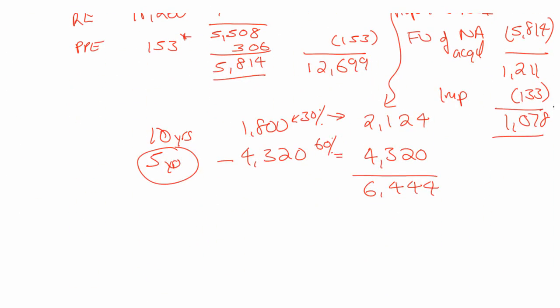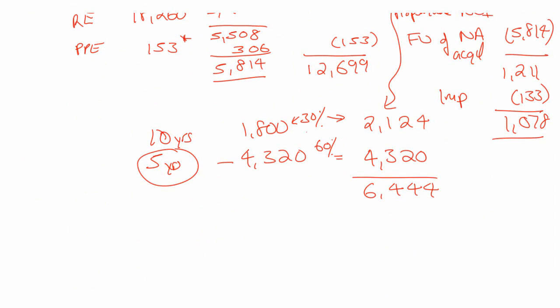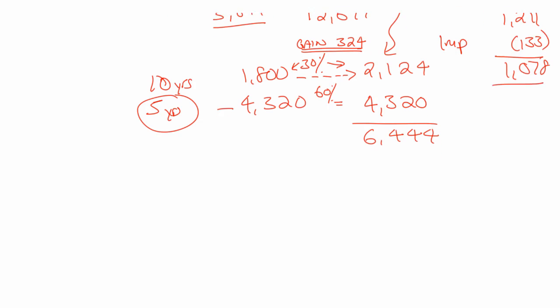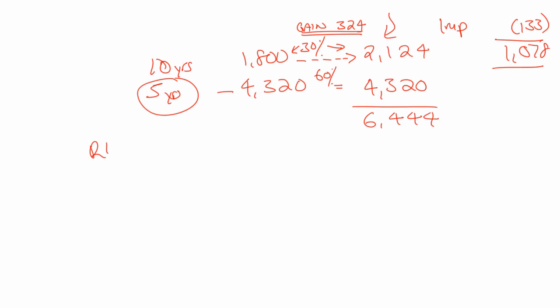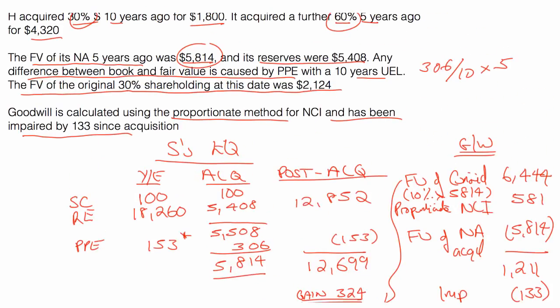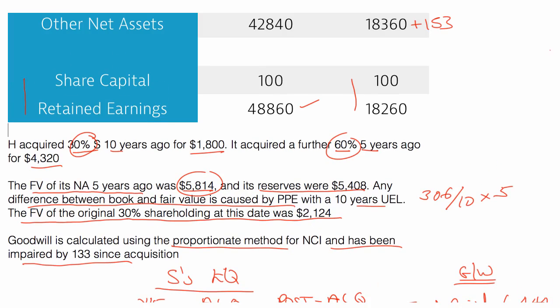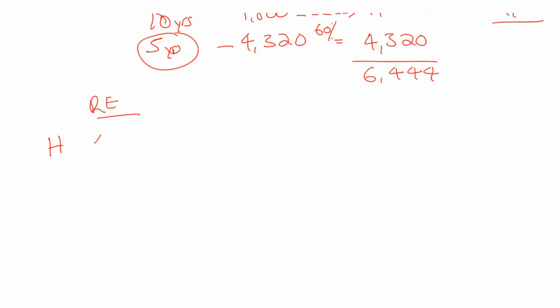Now, I just want to go back to this, look. This difference here. H has made a gain, okay, because its 30% was worth 1,800, it's now worth 2,124. It's made a gain of the difference which is what, 324, and we put that gain to H's retained earnings. So I'm going to do retained earnings straight away. Doesn't matter which order I do it, but H's retained earnings then, I want all of that, which is the 48860.